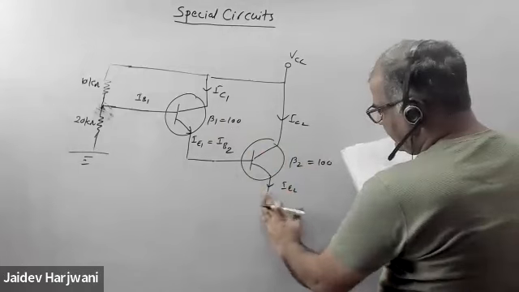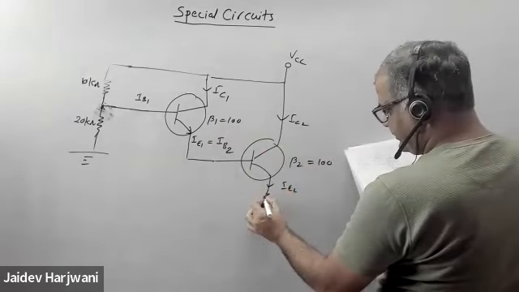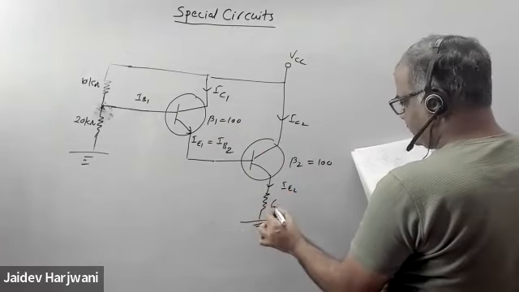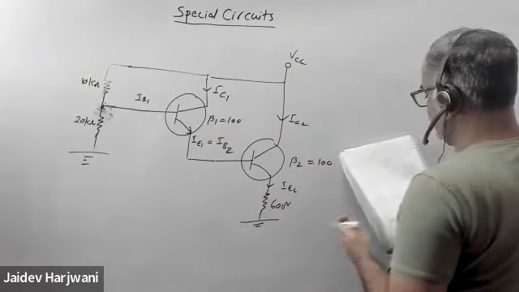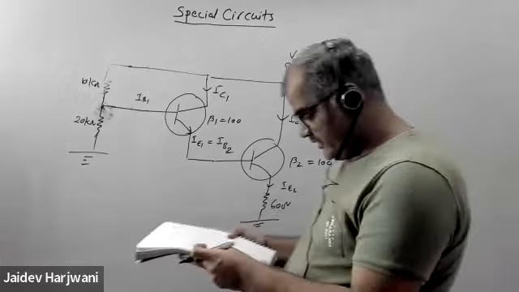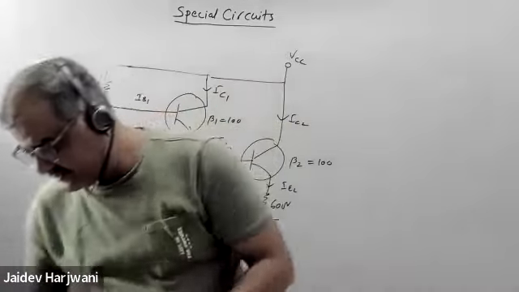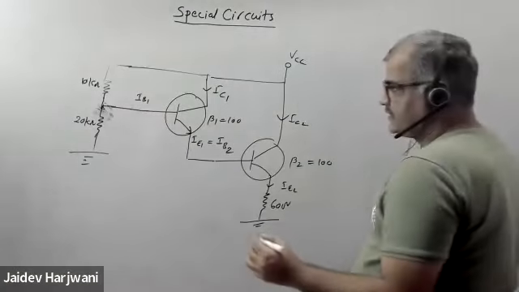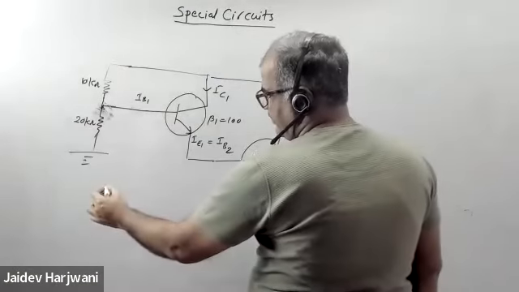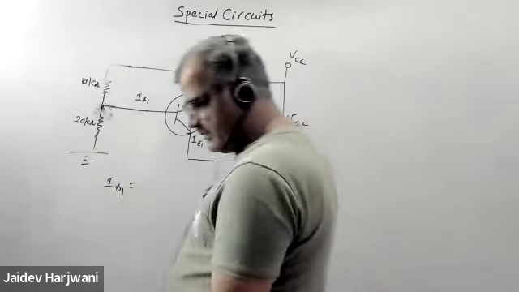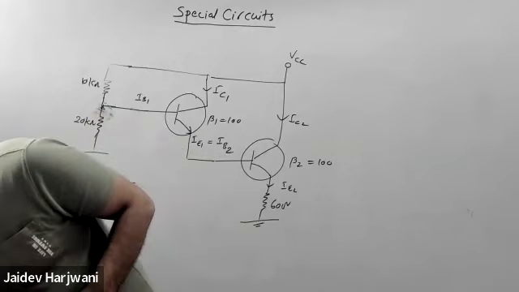Let me ground this one also, and say this is my 60 ohm. You need to calculate the value of IB1. Once you know IB1, you can also calculate other things.